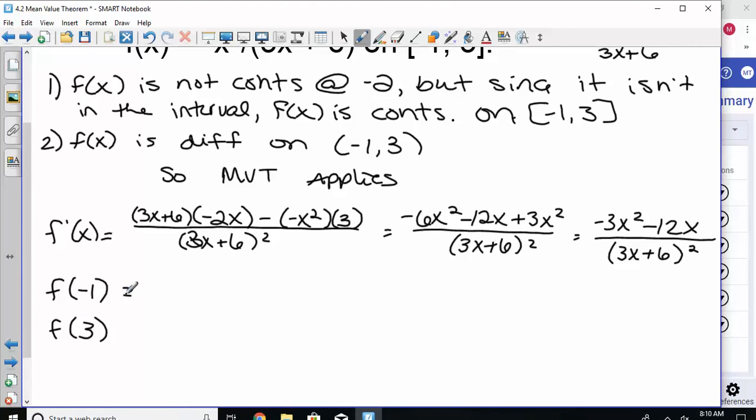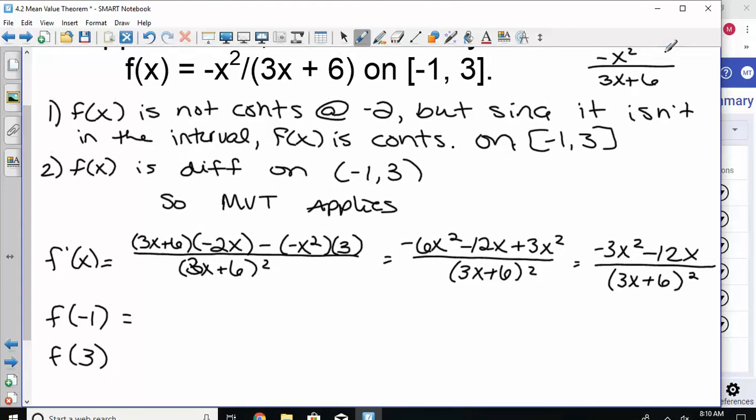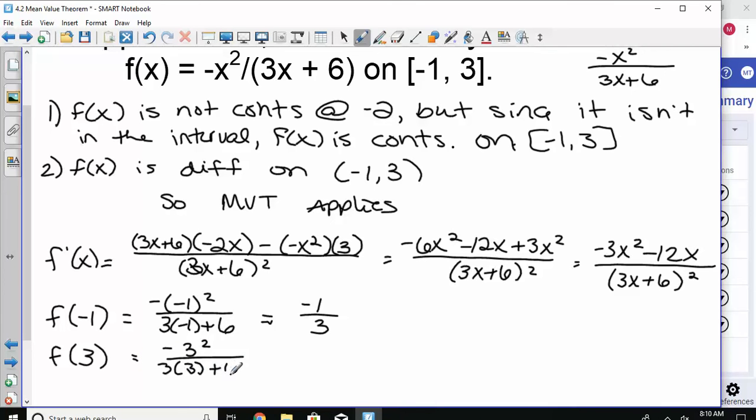If you plug a -1 into your equation, the opposite of -1 squared over 3 times -1 plus 6, you get -1 third. If we plug a 3 in, we get the opposite of 3 squared over 3 times 3 plus 6. So -9 over 15, or -3/5.